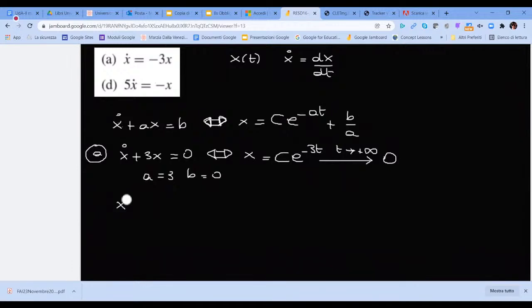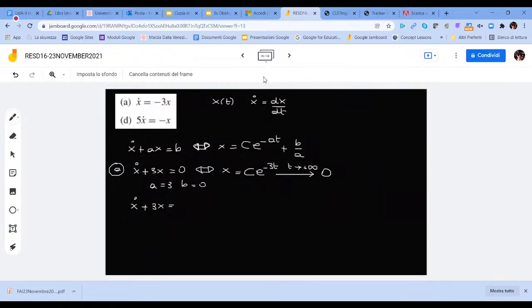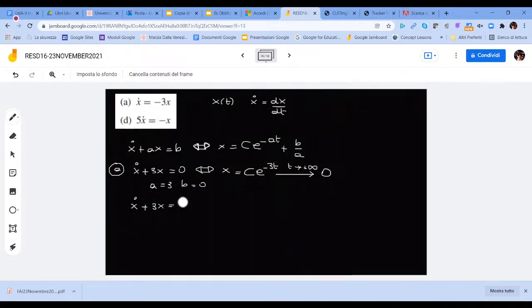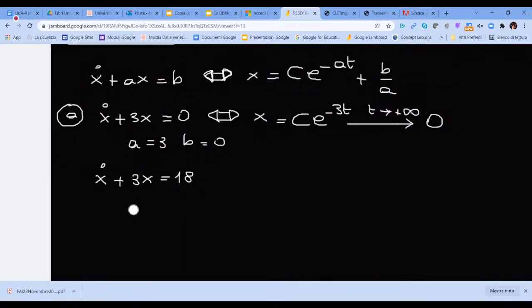Okay. If we had, for instance, this kind, x dot plus 3x equals something, let's say 18. Okay, so we have a equals 3, b equals 18.